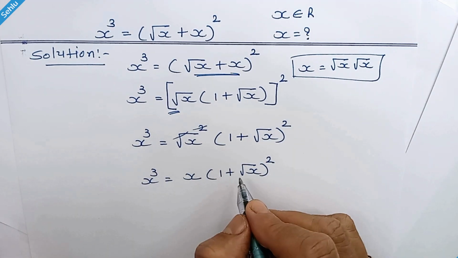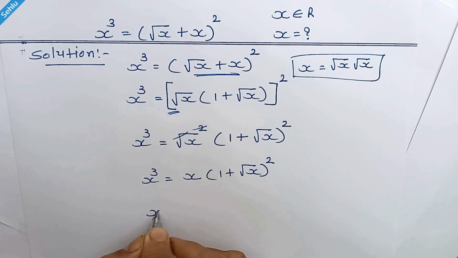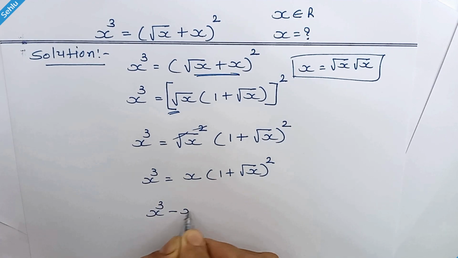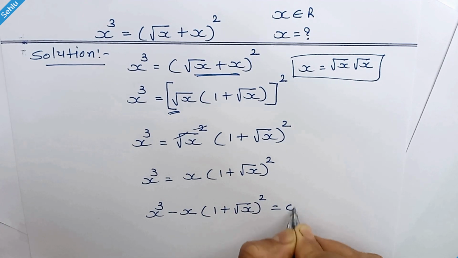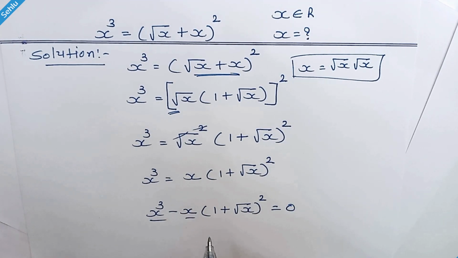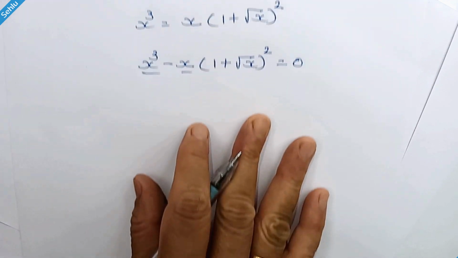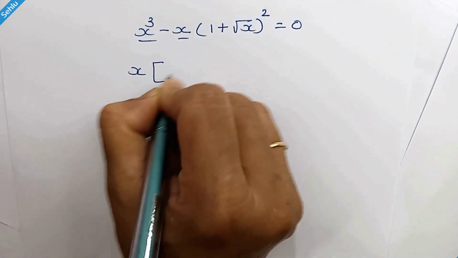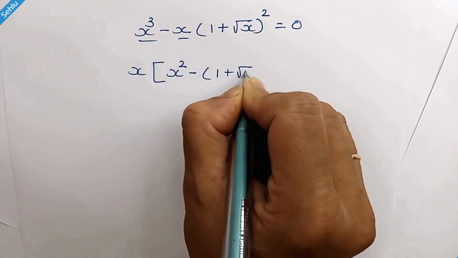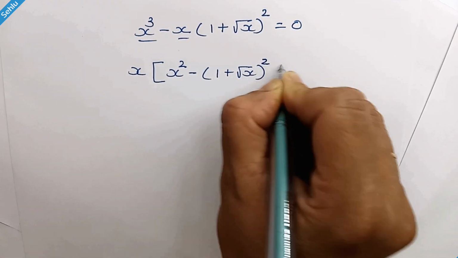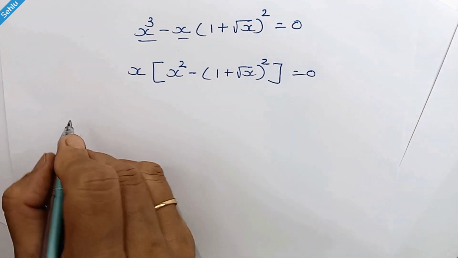Let's move this entire right hand side to left hand side. We can factor out x. So we have x squared minus 1 plus square root of x whole squared is equal to 0.